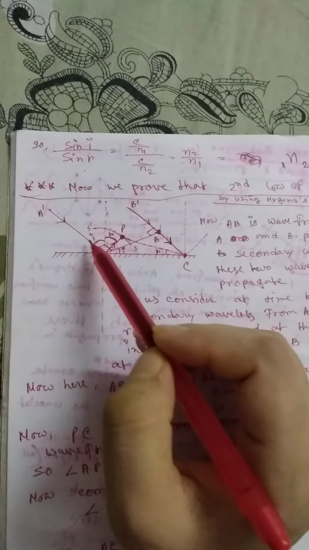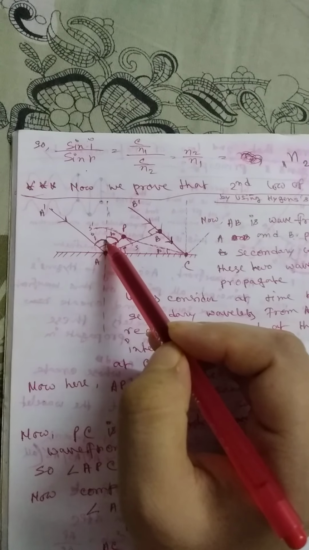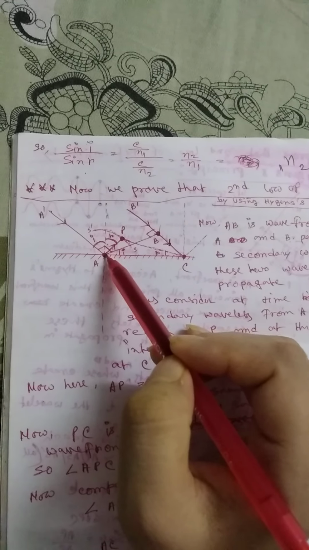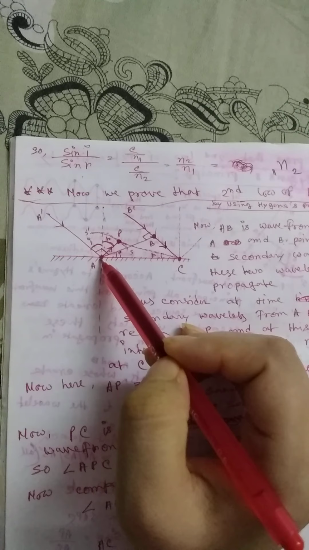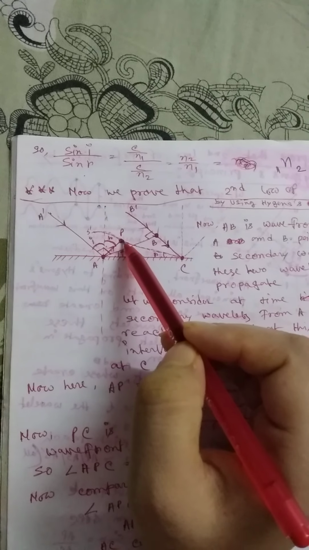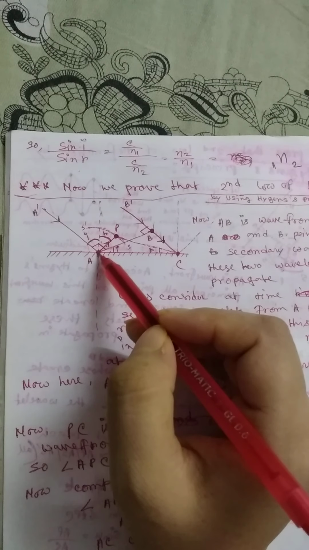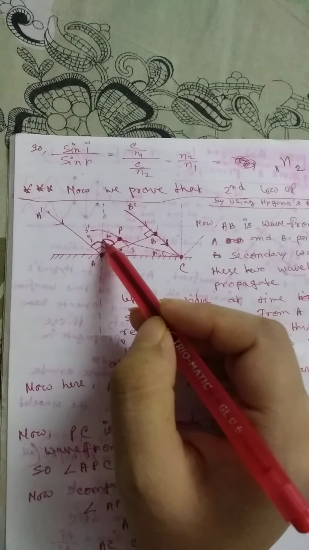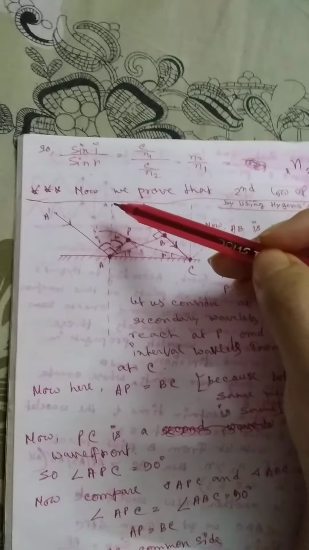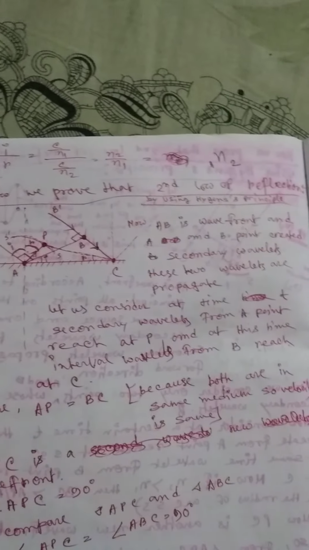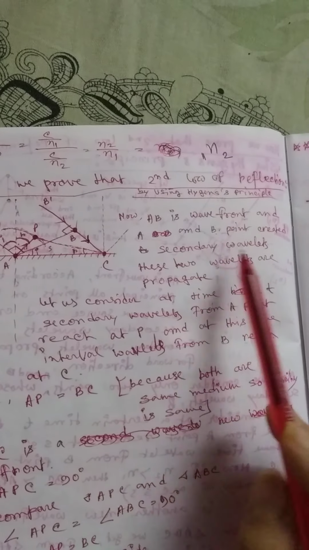If this is the incident light, then this angle is i, and if this is the reflected light, because after reflection the light moves along this direction, then this is the reflected angle r, and this is the normal. So AB is the wavefront, and points A and B create secondary wavelets.